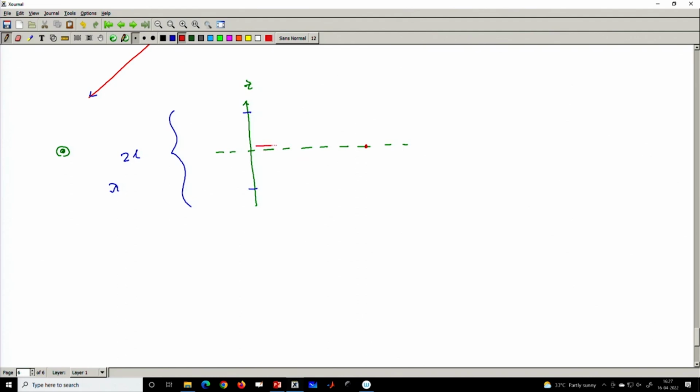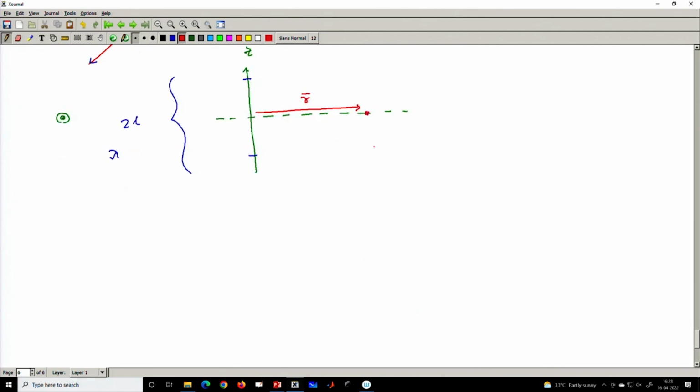So, from here to here this is say r, and what should be the potential at this point. Mind it, the potential is a scalar quantity. So, if I want to find the potential, I will calculate it for all the small elements and then sum it over.